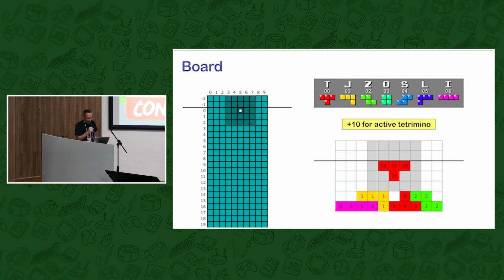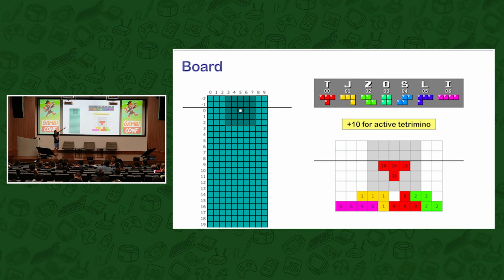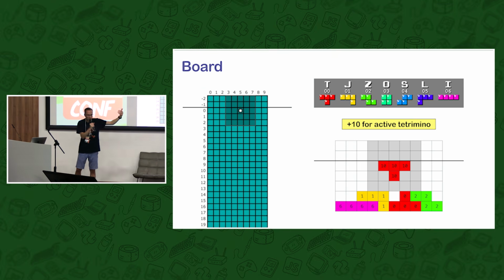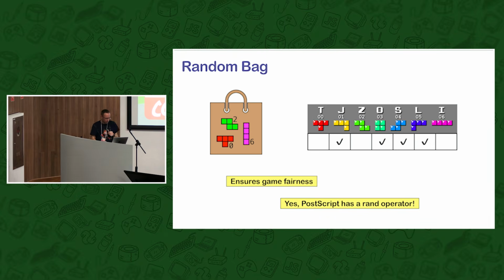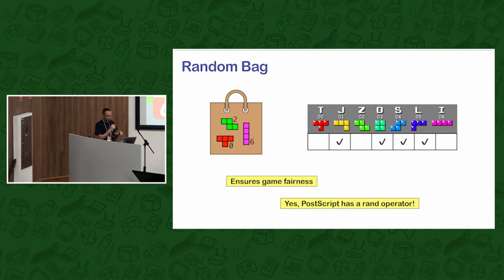I will show you. In terms of data structure, again, we have a grid, and all the tetrominoes are represented with their number, and I just add 10 to identify the one that is dropping, and as soon as it has hit some other tetrominoes, I remove 10 in each cell. So this is a random bag algorithm.